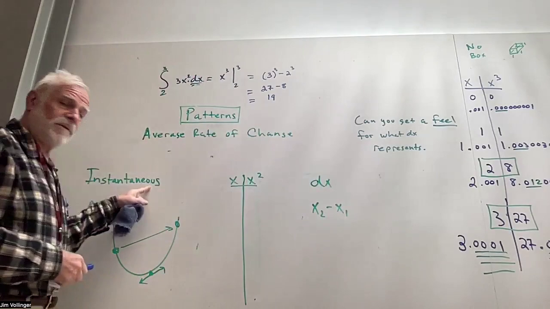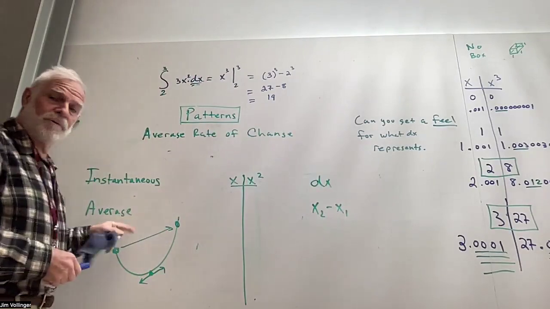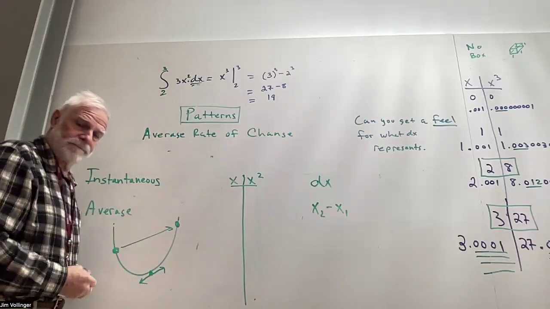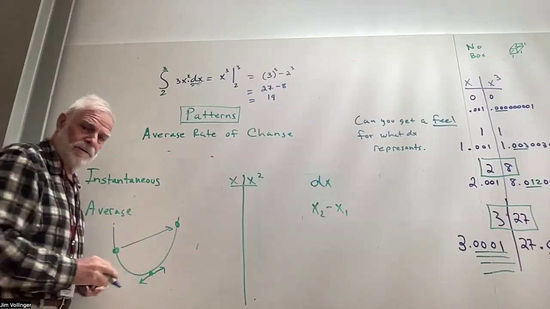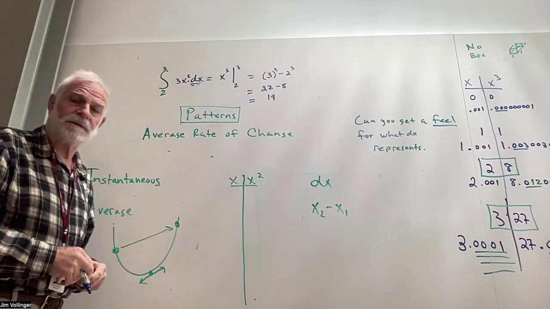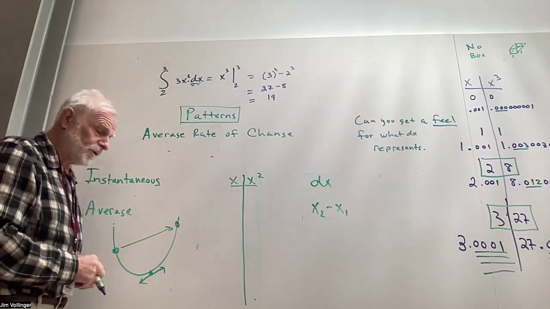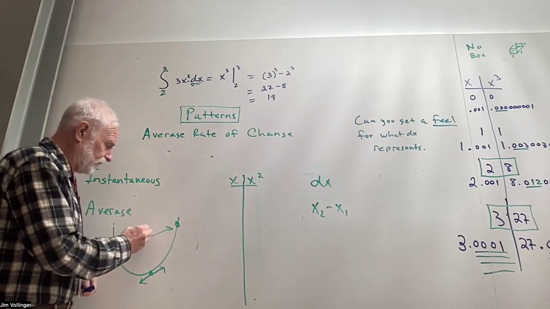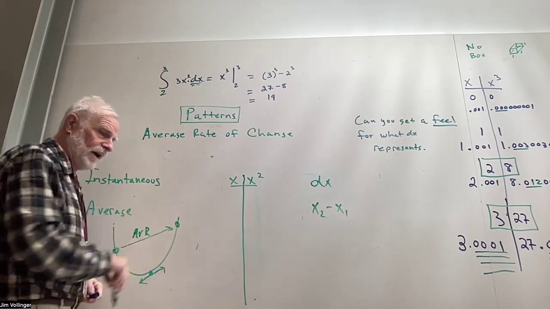One, instantaneous rate of change and average rate of change. So if I had a quadratic and I went from one point to another, that's called displacement, and that's what is referred to as an average rate of change. It's a pretty big jump from this x to that x.